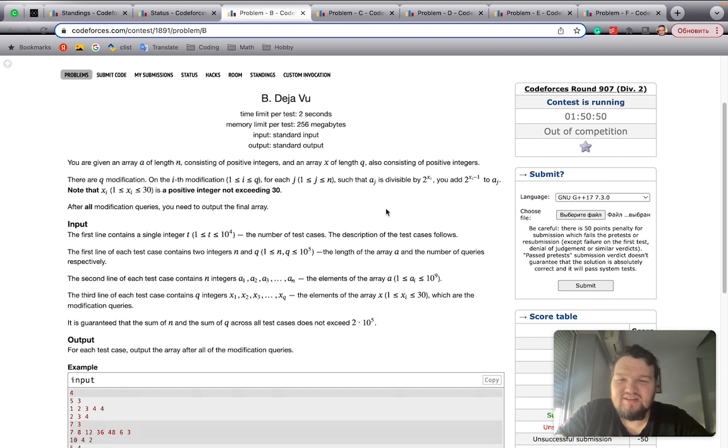On the i-th modification, for each j such that a_j is divisible by 2 to the power of x_i, you add 2 to the power of x_i minus 1 to a_j. x_i is a positive integer not exceeding 30. After all modification queries, we need to output the final array.